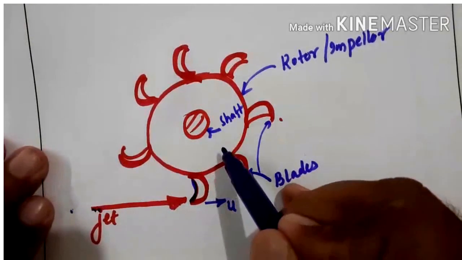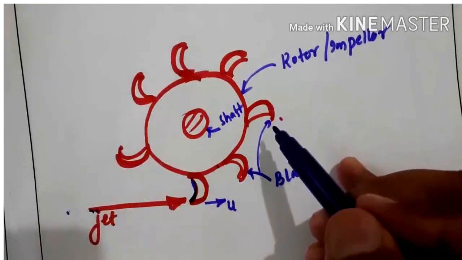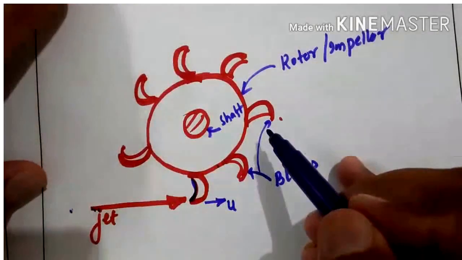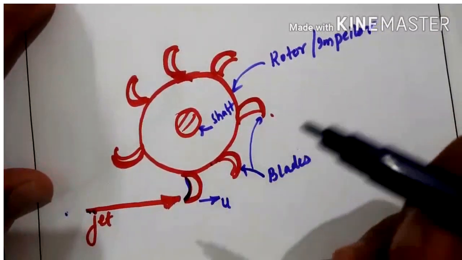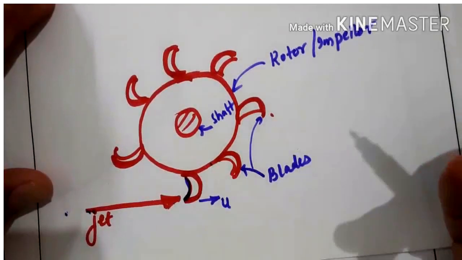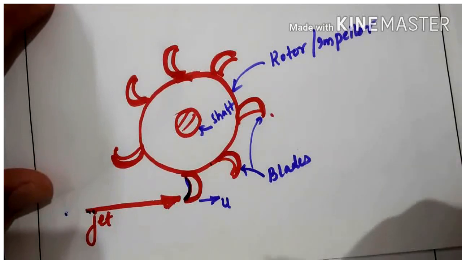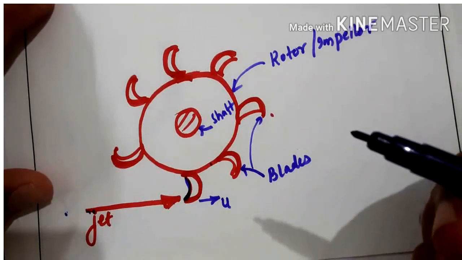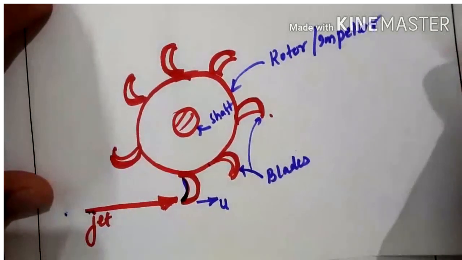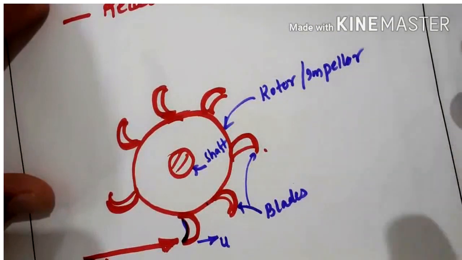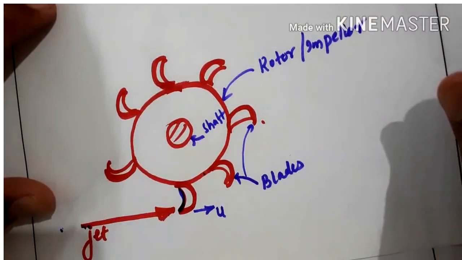If we have to do some analysis, we have to see how the fluid velocities are changing at every stage, and what the different components of the fluid velocities are. Those components can be drawn in the form of velocity triangles, and these velocity triangles are used to find the force exerted by the jet and the work done by the jet.